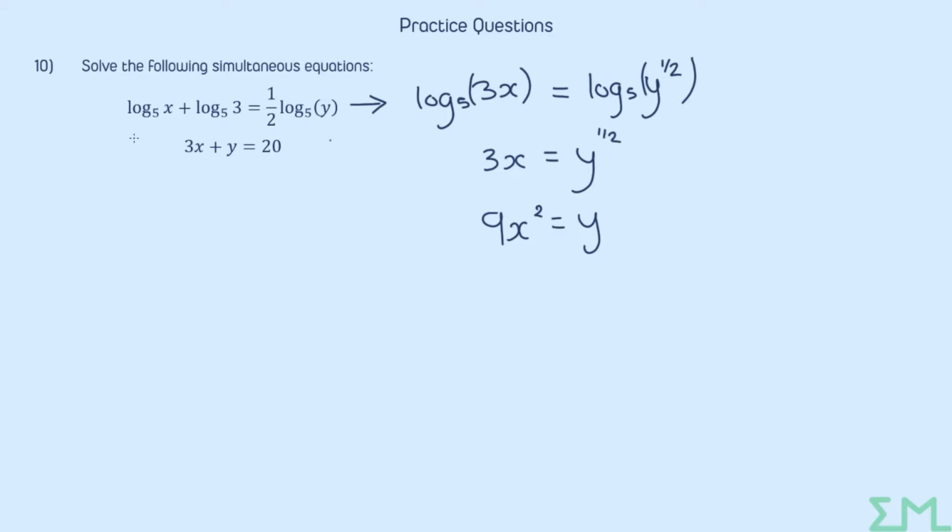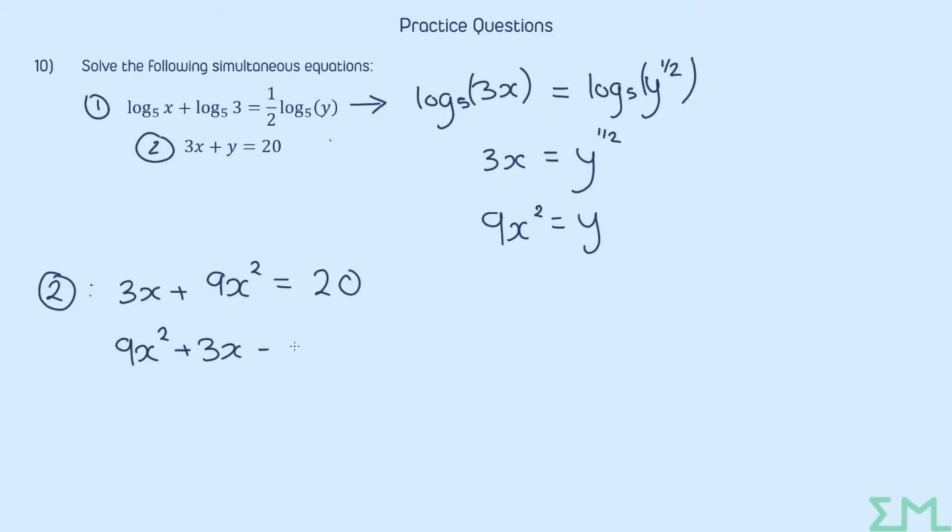So we come back over here to equation 2, so that we're keeping things clear in our working. 3x plus y, which is 9x squared from our other equation. And this gives us a nice quadratic in x.